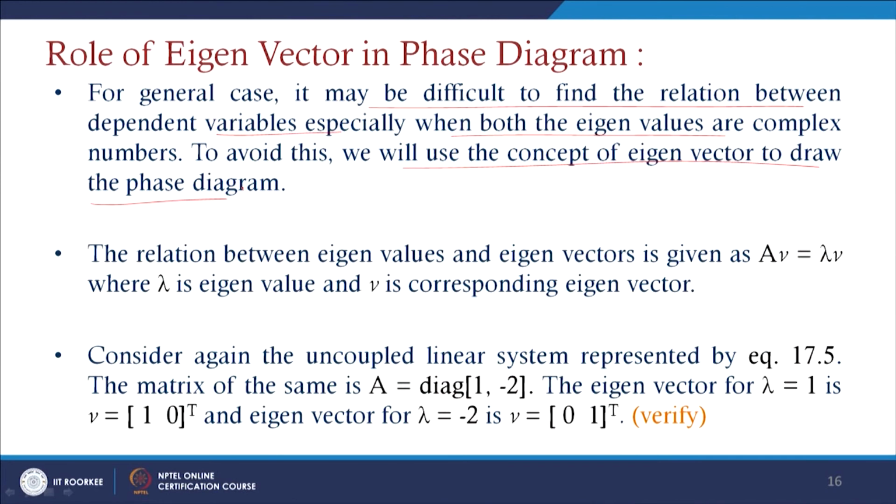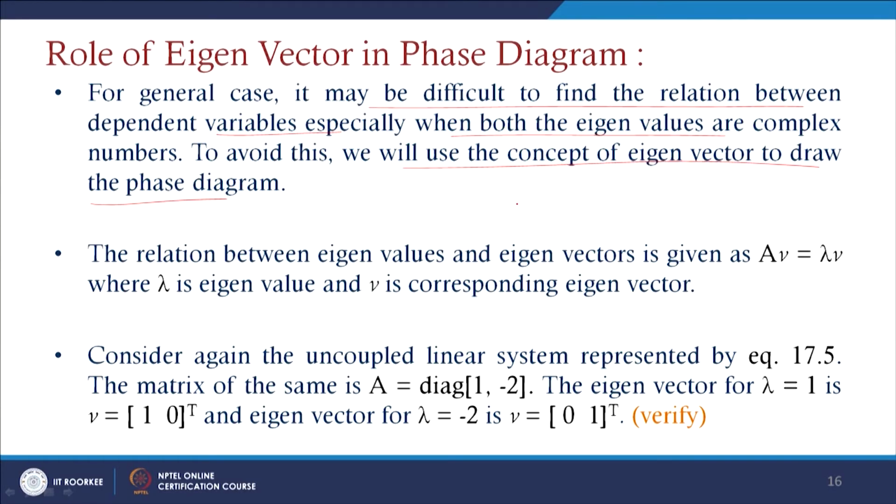First we establish the relationship between the eigenvalues and the eigenvectors, and this vector representation will give us an idea in the phase diagram of whether the system is stable or not.